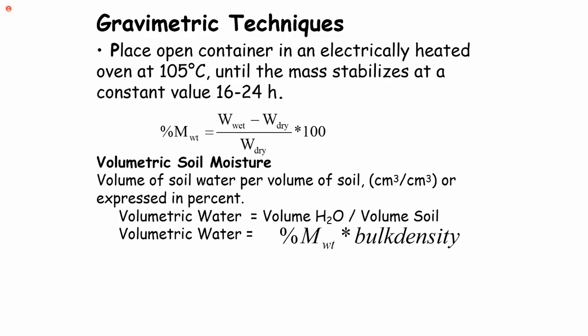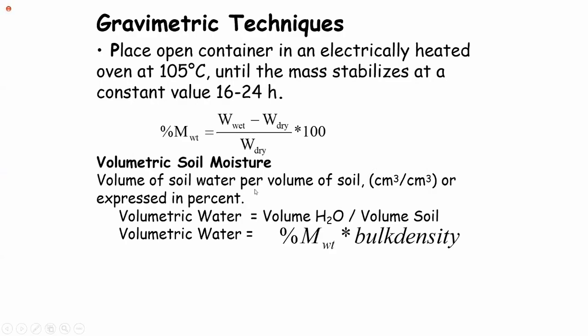So what we do is we measure the gravimetric water content and we convert that into volumetric water content. So what is volumetric water content? It is the volume of soil water per volume of soil. That is a centimeter cube of water per centimeter cube of soil.